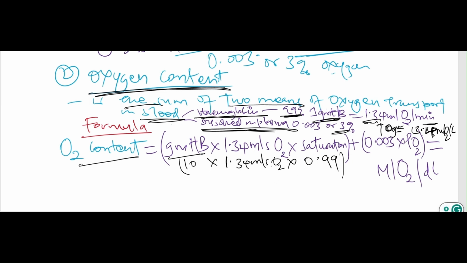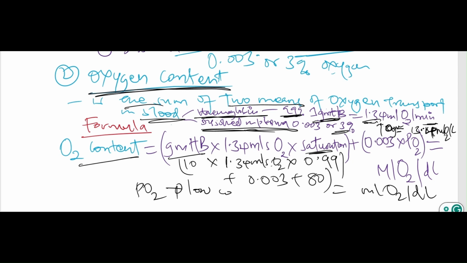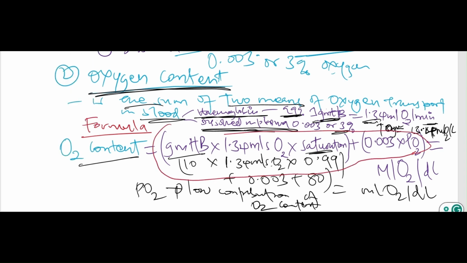Then you add 0.003 times the partial pressure of oxygen. We assume it is 8. So the answer you get will be mils of oxygen per deciliter. Just remember that when you're dealing with this calculation, make sure you change saturation to a decimal, and the partial pressure is a low contribution to oxygen content. So just master this formula, and everything will be smooth.